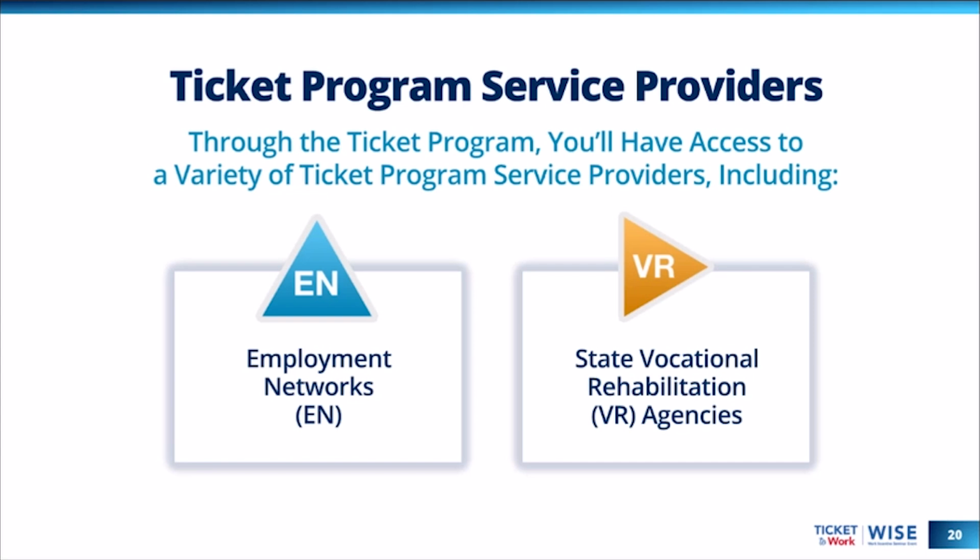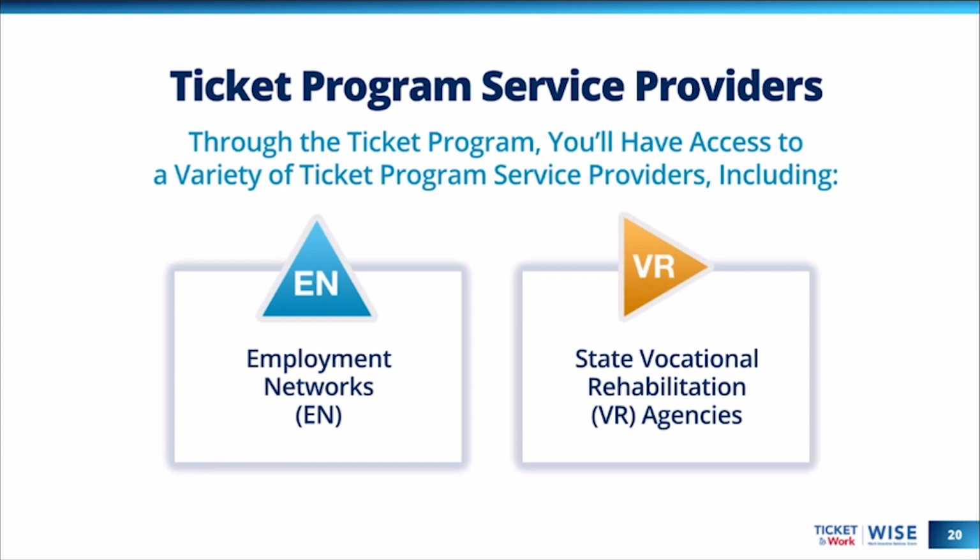So the service providers that we're talking about here, through the ticket program, you'll have access to a variety of ticket program service providers, including employment networks. We call them ENs, or the state VR agency. Every state has one. Some have a separate agency that serves low vision and blind folks. Doesn't matter which one you call, you'll get to the right one.